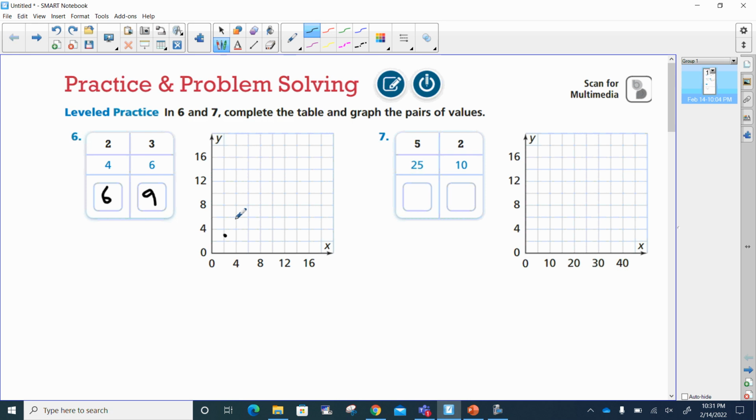We know that 6 is here because this is 4 and this is 8, and that's a difference of 4. So half of that must be 6. Then we got 6 and 9. 6 would be here. Well, this is 8, so this must be 9. Of course, if we created a line going through all these dots, it would look like this.